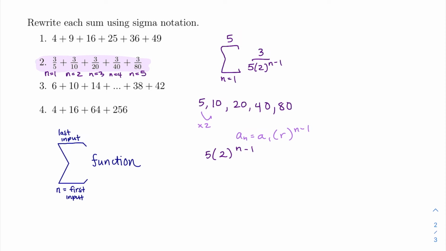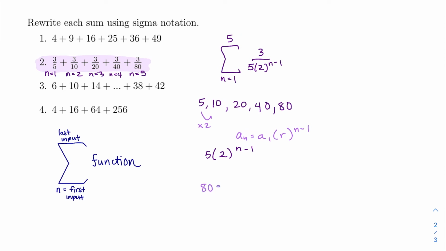So I'll end on 5. You could also solve for that because my last input should give me my last output, right? Whatever I plug in for my last input up here should give me 30 over 80 or 3 over 80. So I can also set up an equation and say, okay, I've got the 3, but I just need the 80.